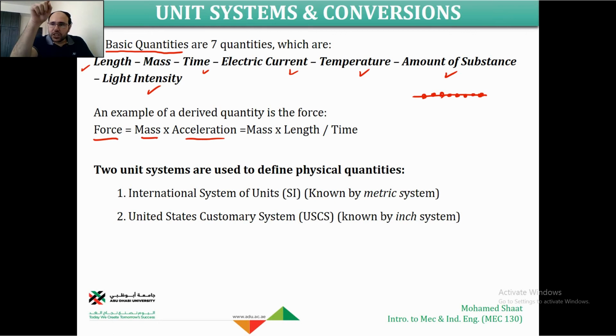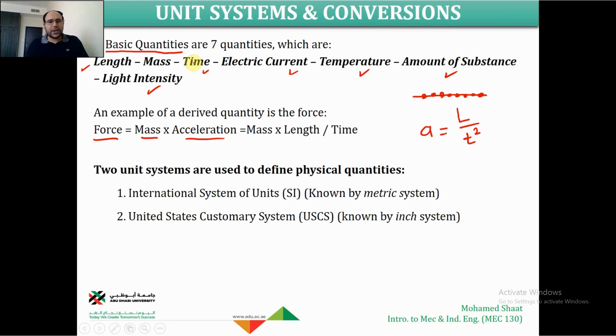Even the acceleration itself you can break down. We know from physics that the acceleration a is the length or the distance divided by the time squared, or the speed over time. It means the acceleration can be broken down into length and time.